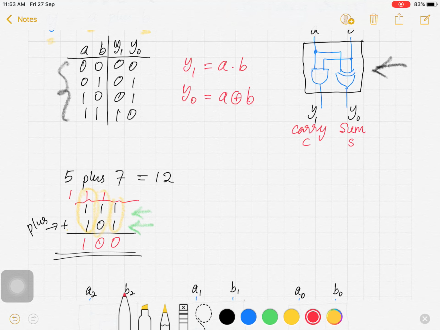So the carry in the leftmost column is transferred to the answer and becomes part of the answer. Obviously, the answer is 1100, which is equivalent to 12.